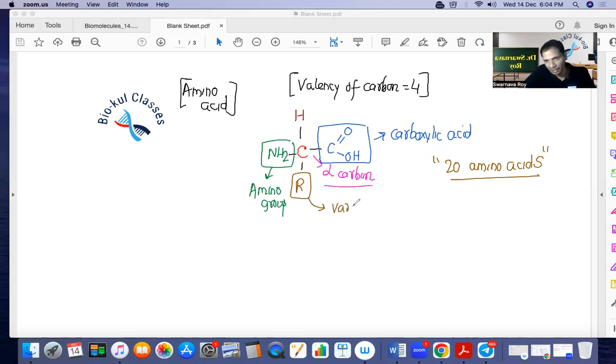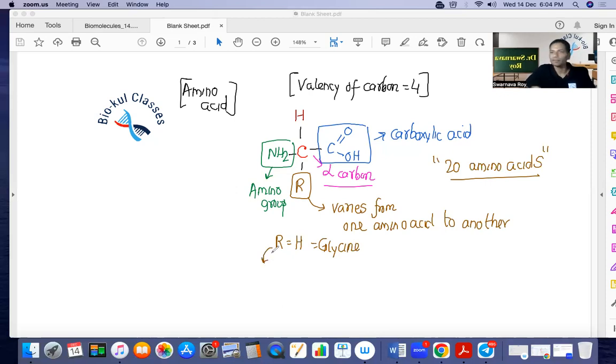The R group can be as simple as H, as in glycine, and it can be very complex also. So this is the structure of an amino acid. Amino and acid, that's why it's called amino acid. This carbon is called the alpha carbon, which is bonded to all these different functional groups.